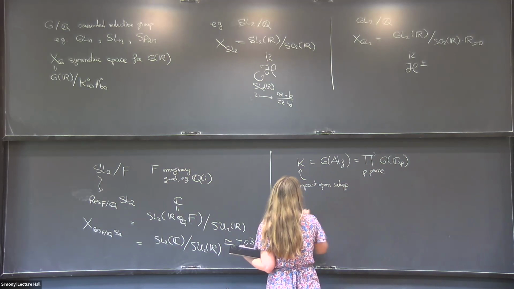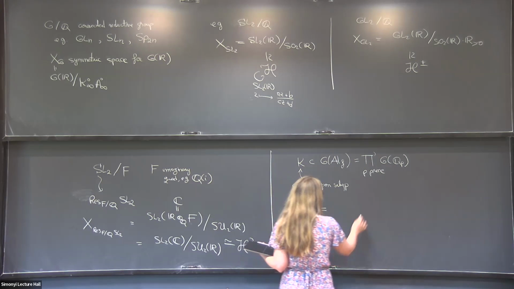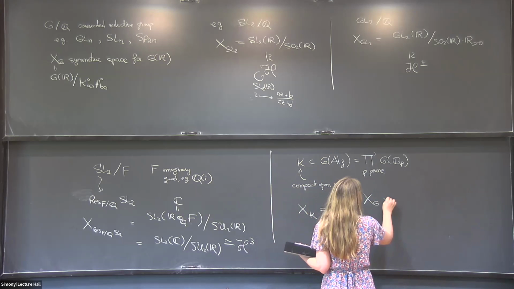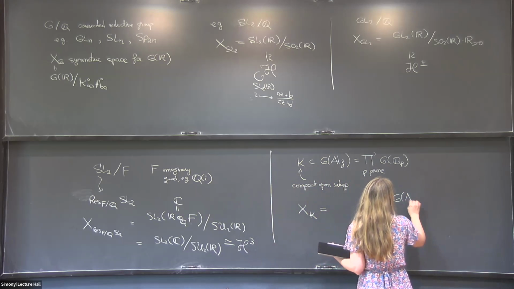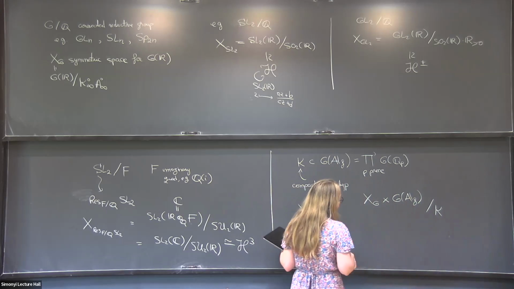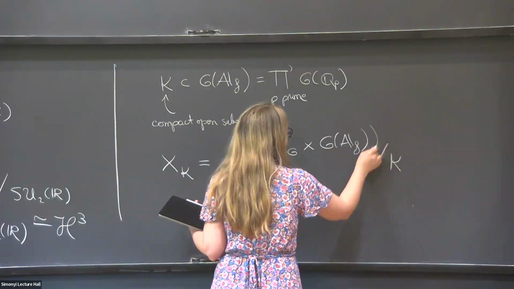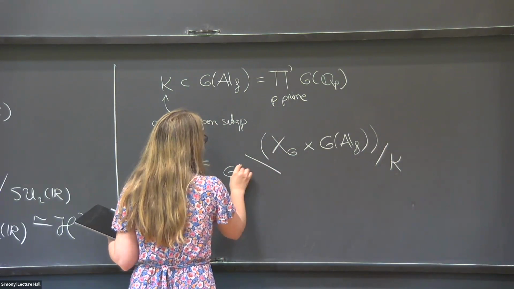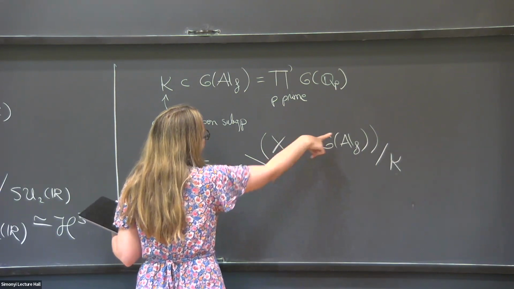And then I start out with my X_G, and I form X_K like this. Take X_G, cross this group, quotient it out by K on the right, and then this thing is quotiented out by G(Q) that acts diagonally.